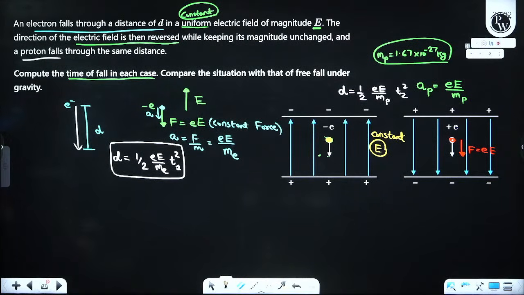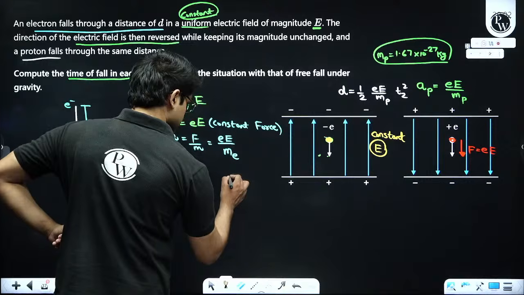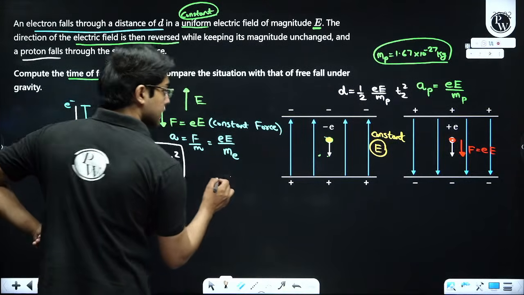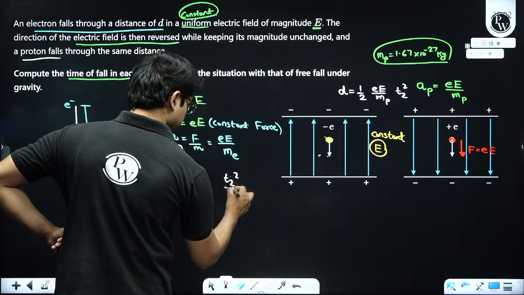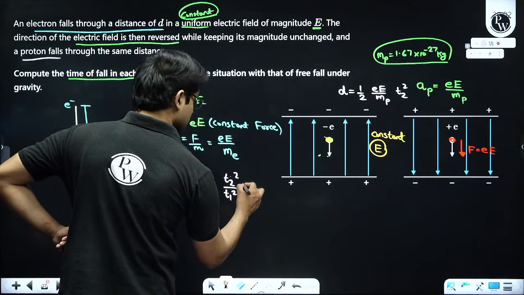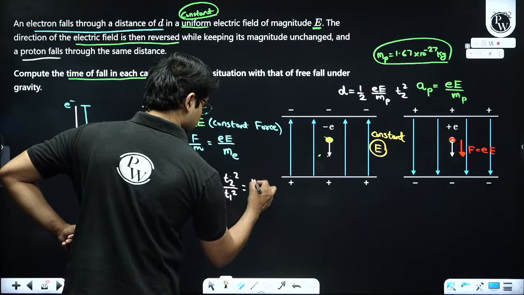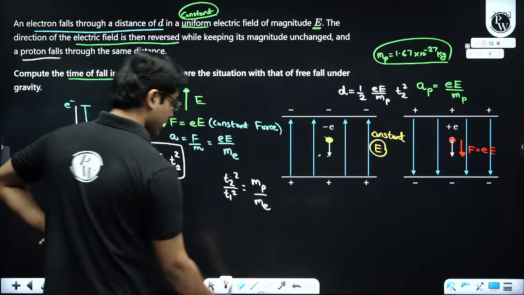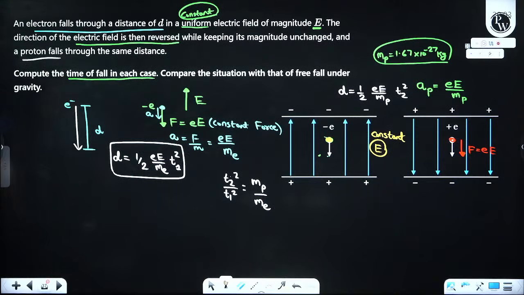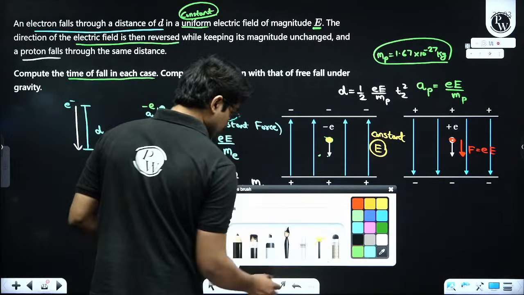So basically we can say T2 square by T1 square equal to MP divided by ME. If you divide these two equations, you will get this relation, and from here you can compare the time.